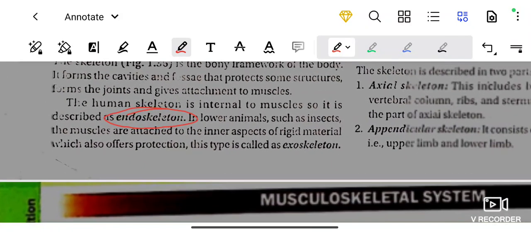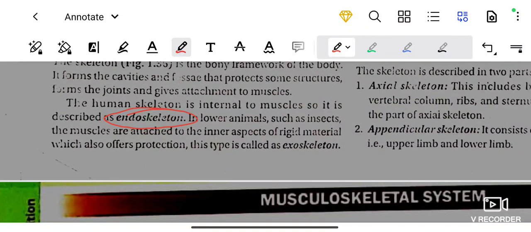And the next is, in lower animals such as insects, the muscles are attached to the inner aspect of rigid material which offers protection. This type is called an exoskeleton. Endoskeleton and exoskeleton.